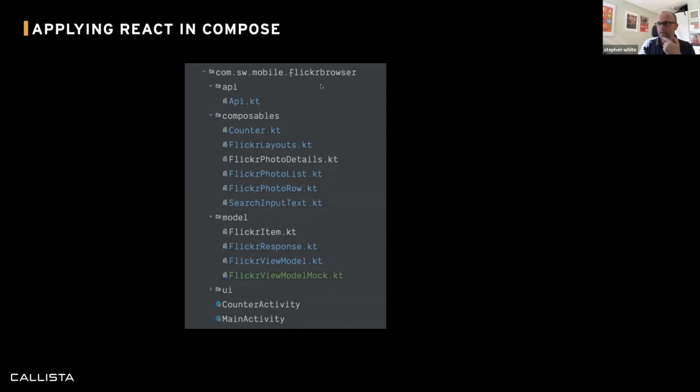So, here we are. This is a bit of a screenshot from Android Studio. We have our API. This is the thing that's communicating to the Flickr API. We have our composables, counters here from the examples I've shown from the presentation. But you have your layouts, photo details, photo list, photo row, search input text. So these are your composables, if you like. And you can see they map to that composable hierarchy that we had earlier. And then we have our model.